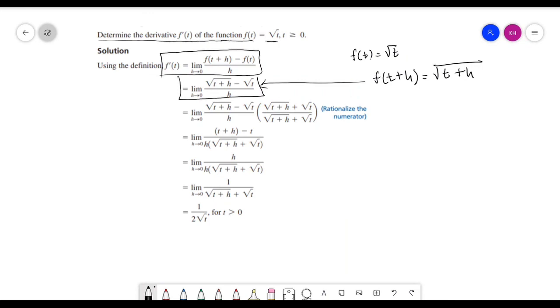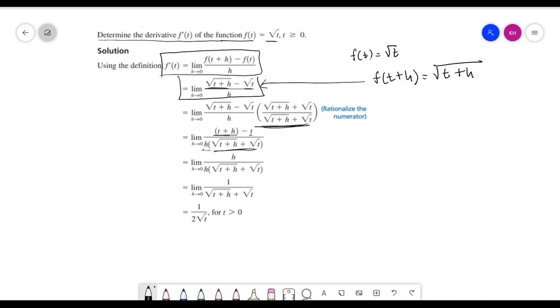To rationalize an expression like this, we need to find the conjugate. So we have our radical expression that has a conjugate of square root t plus h plus square root t. So you can see that we multiplied and divided it over here, and then we simplified it. In the bottom we have h times the conjugate, and on top we're using the difference of squares formula to get t plus h minus t.